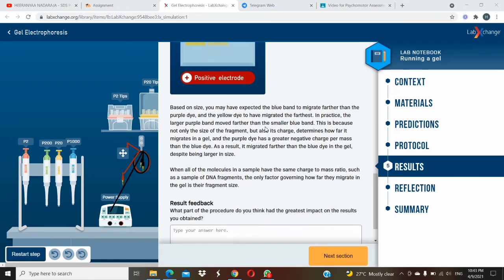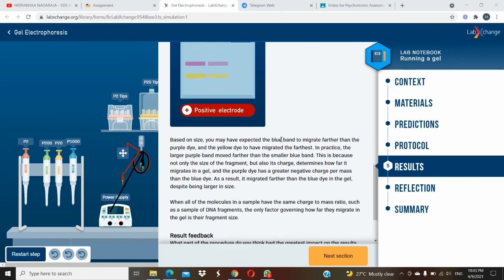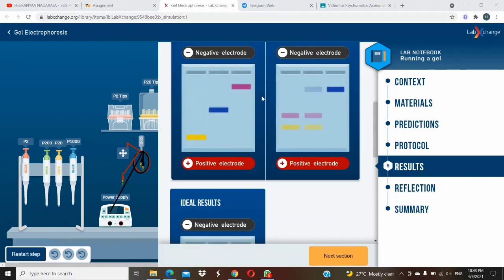This is because distance is not decided only by size. It is also based on the charge of the DNA fragment. Here we have the explanation. We were expecting that the blue band would migrate farther than the purple dye.